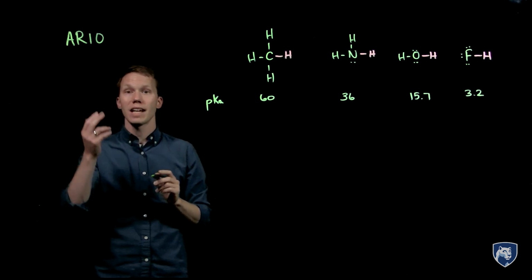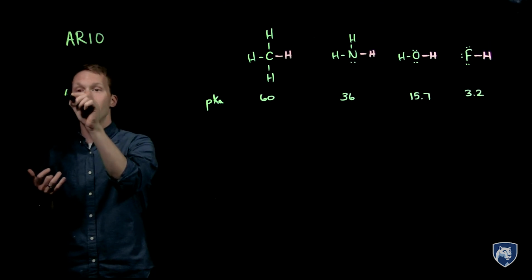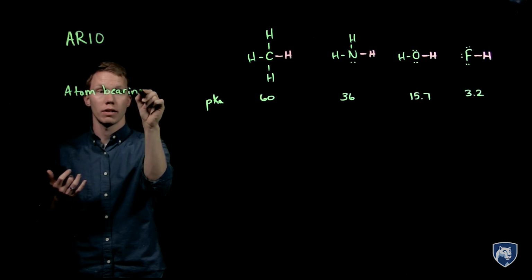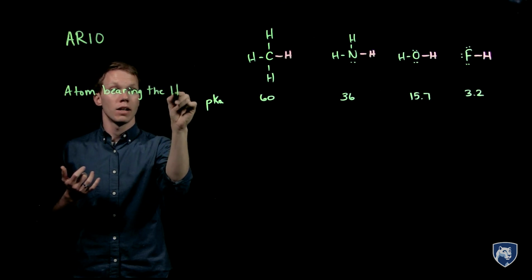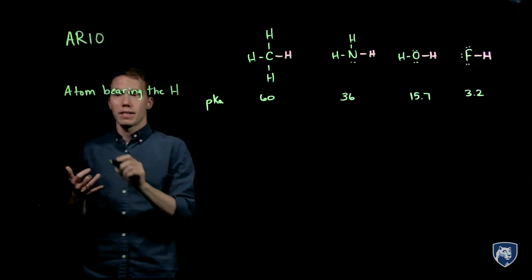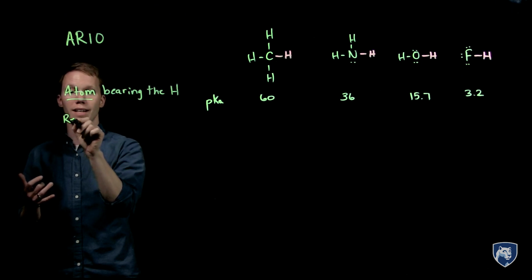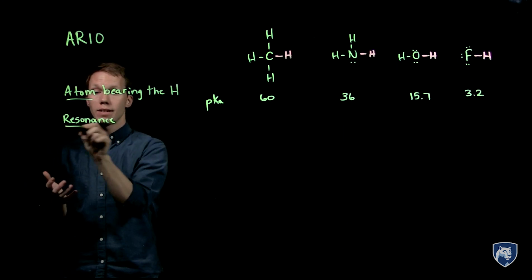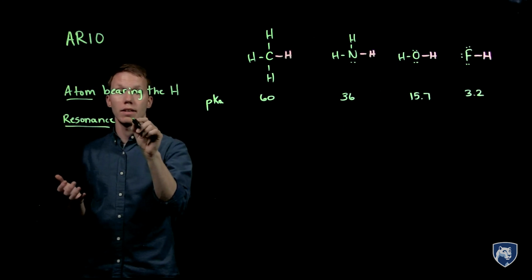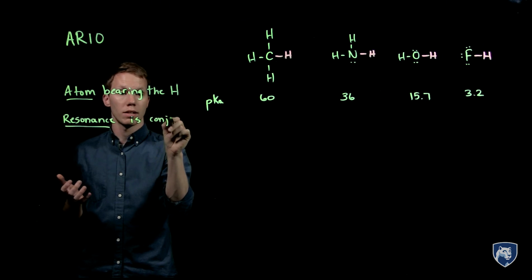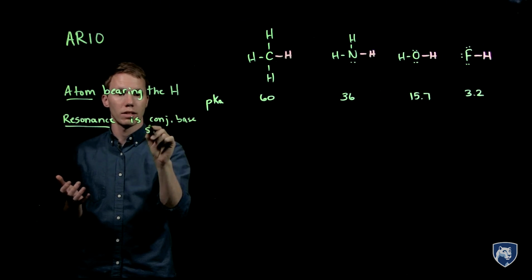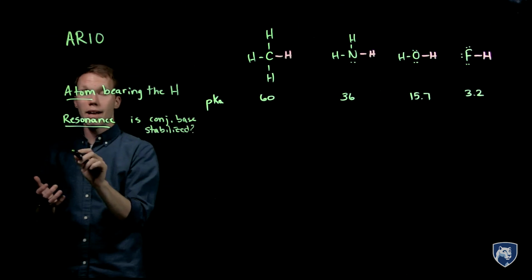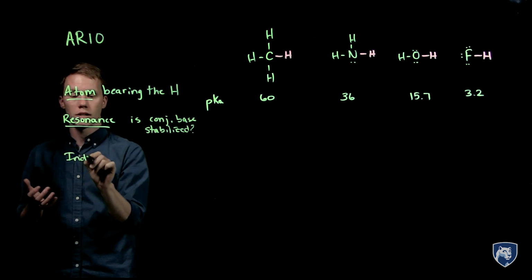Okay? And A stands for atom, the atom bearing the hydrogen. And then R for resonance. You're familiar with resonance, so is the conjugate base stabilized? Okay. Then we have I for induction.